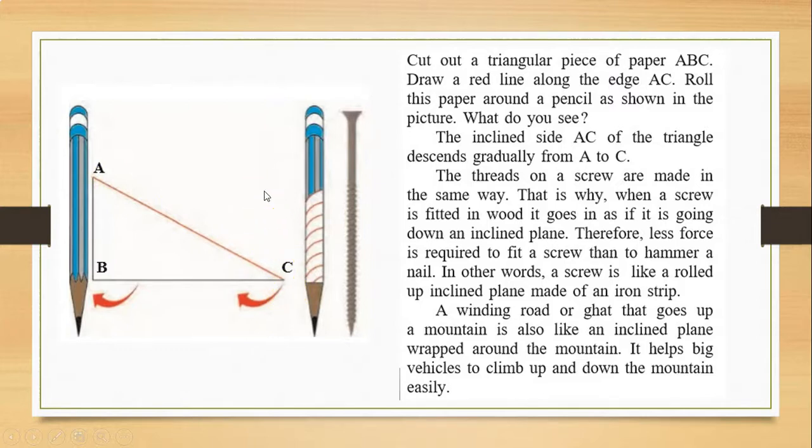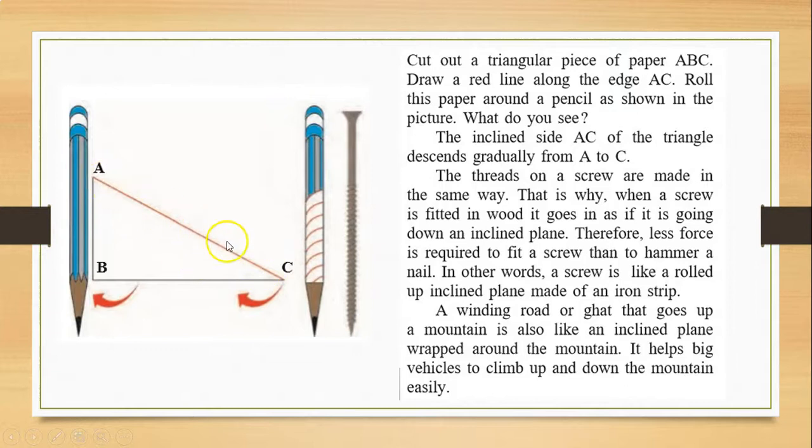Now roll this paper around a pencil as shown in the picture. You have to roll this paper like this around a pencil. The inclined side AC, what do you see after you do this? You see these red lines?